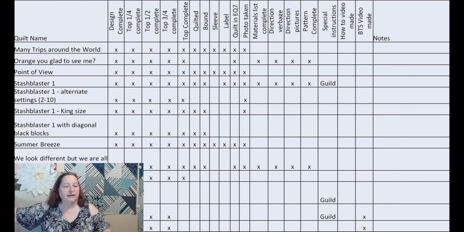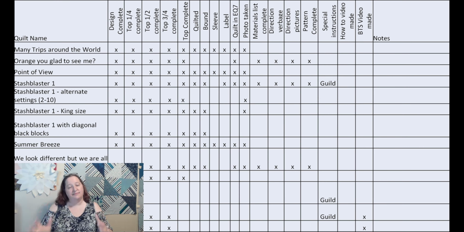So let me show you the tracker that I use. Now I have things on mine that you won't have on yours. Okay, but what mine shows is the name of the quilt here in this left-hand column, when the design is complete, when the top is 1/4, 1/2, 3/4, or is complete.